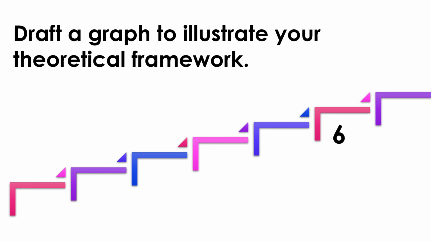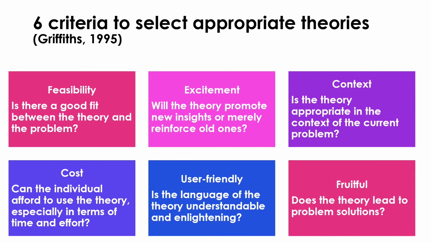In the graph, you'll need to show what theories or constructs you will study and explain how they relate to one another. An example is the graph we showed earlier that includes leadership, organizational outcomes, managerial discretion, and leader job demands. There are usually many theories and constructs relevant to your research questions.